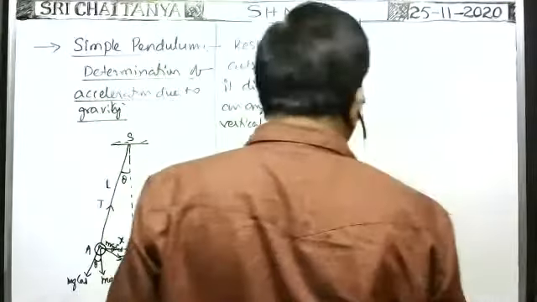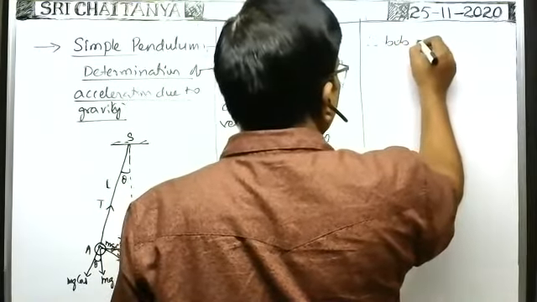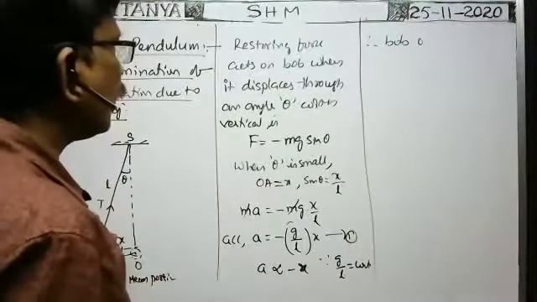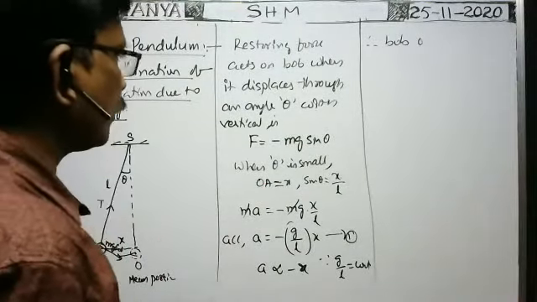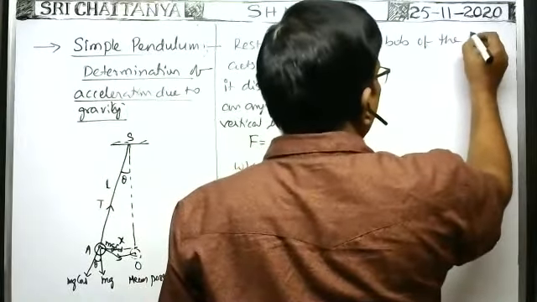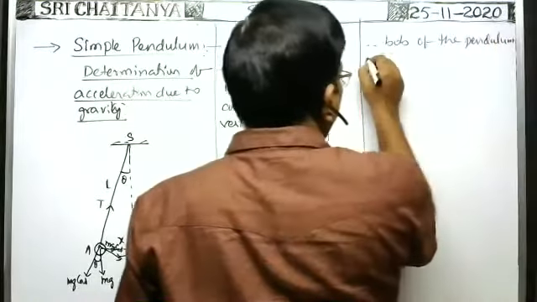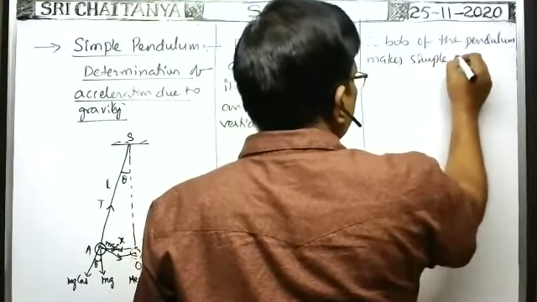Therefore, when the bob is displaced through a small distance and you release them, it makes simple harmonic oscillations. The bob of the pendulum makes simple harmonic oscillations.